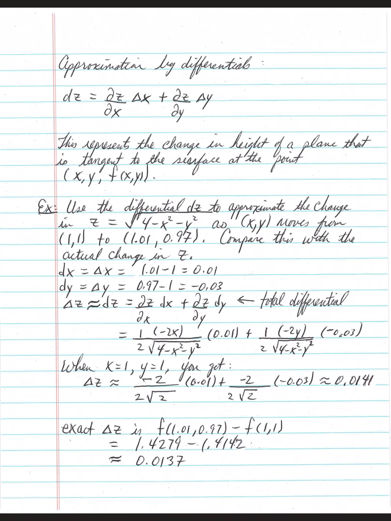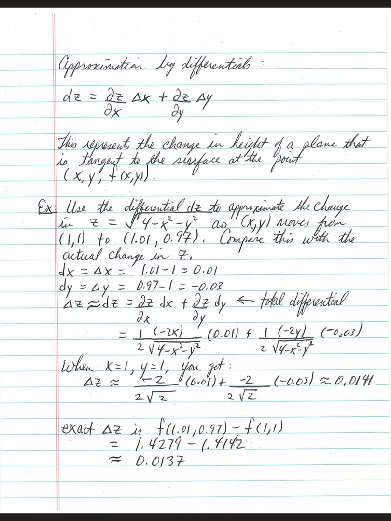If we're asked to approximate by differentials, we can use this value for dz is equal to the partial derivative of z with respect to x times delta x plus the partial derivative of z, which will be our original function of 2 or 3 variables, with respect to y, delta y.